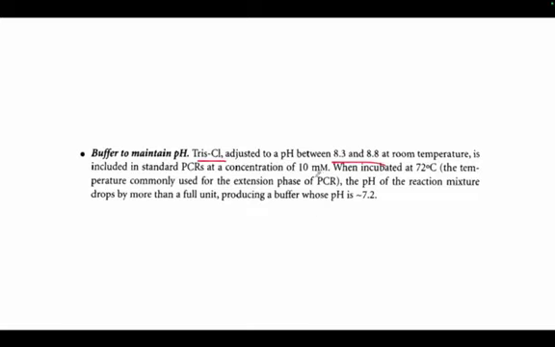That means its pH changes drastically with change in temperature. So while it may be around pH 8.5 at room temperature, when we go to 72 degrees, which is where the enzyme is actually active, the buffer will actually have a pH around 7.2.